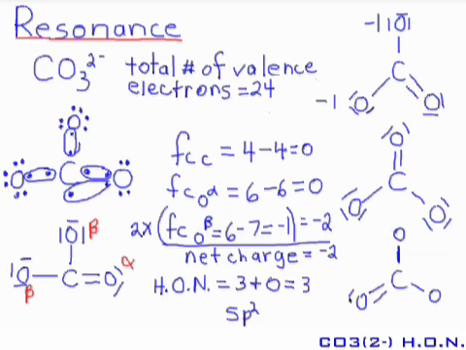But what's interesting about these structures is that one could argue that, well, maybe if each different oxygen position could theoretically have the double bond, maybe they all share it in some way. Share that double bond.